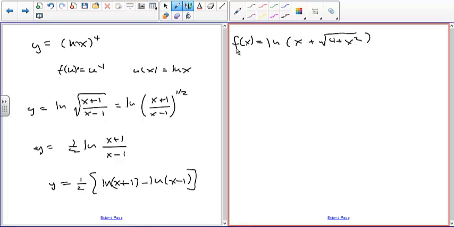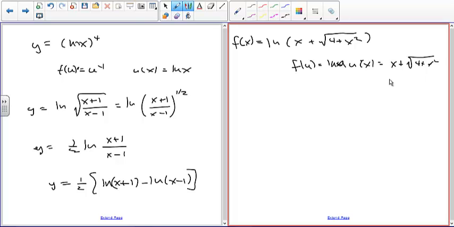Okay, Margaret. I think it would start with A. Yes. So u would be x plus the square root of 4 plus x squared, and f of u would be the natural log of u.